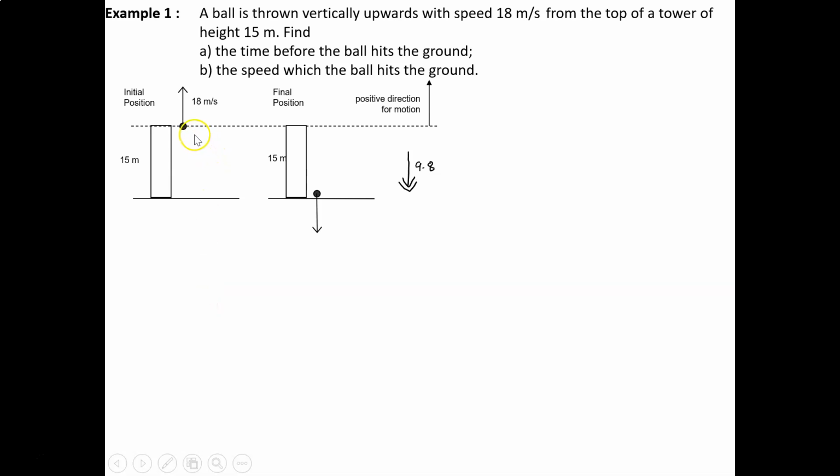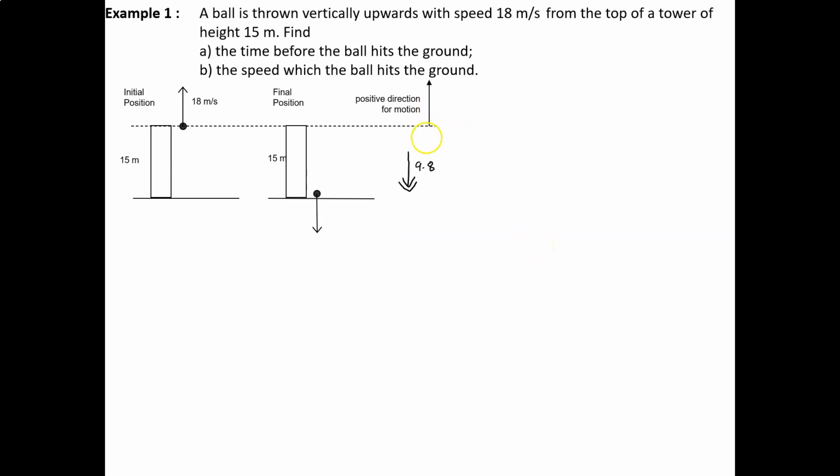So there's the initial position at the top of the tower, being thrown vertically upwards with a velocity of 18 meters a second. It goes up, it stops, and then it comes back down. And its final position is on the floor, 15 meters below the top of the tower.